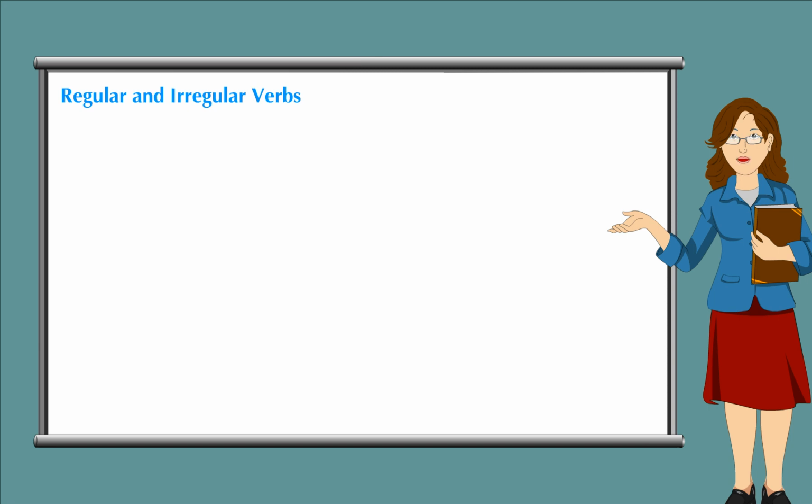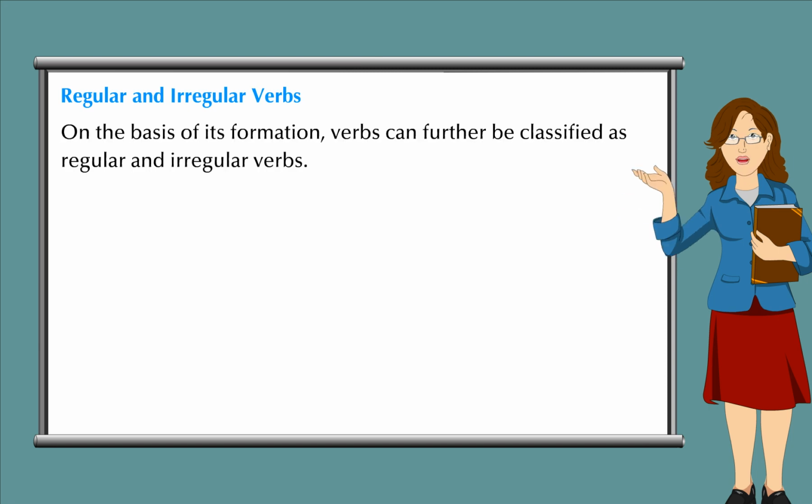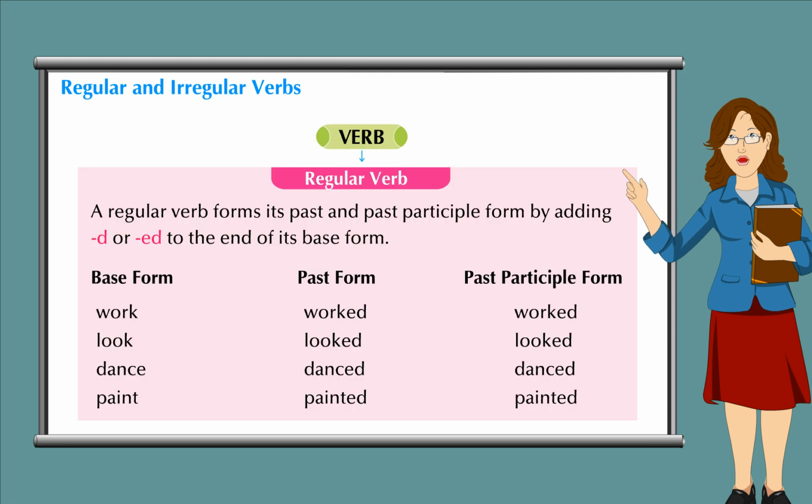Regular and irregular verbs. On the basis of its formation, verbs can further be classified as regular and irregular verbs. A regular verb forms its past and past participle form by adding d or ed to the end of its base form.